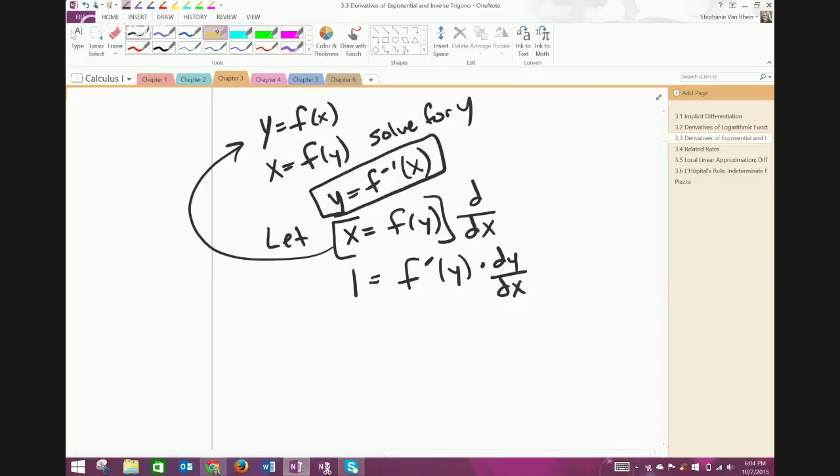Now, if you notice, I said y was the inverse. So dy over dx is going to be the derivative of the inverse, right? And it gets a little crazy since I had the inverse in the superscript. So if I find dy over dx, I found the derivative of the inverse.